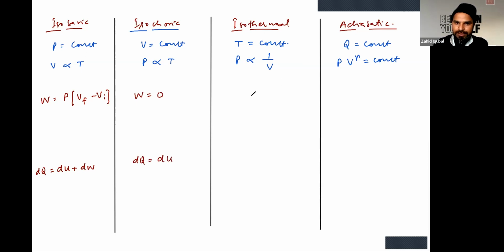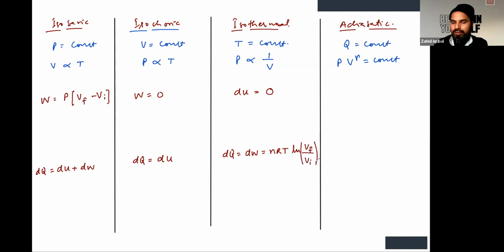Next, for isothermal, temperature is constant, so change in internal energy will be 0. So the heat supplied or rejected must equal the work done, which is nRT ln of V final by V initial.